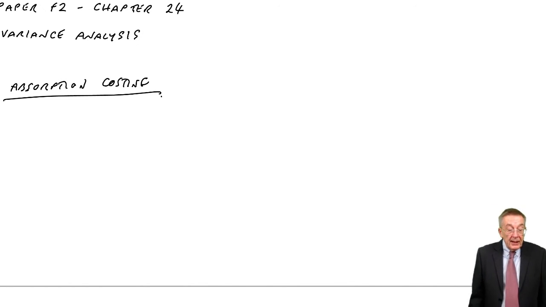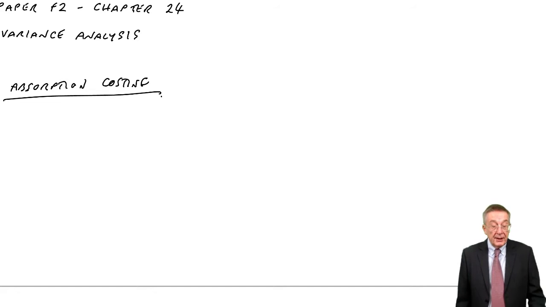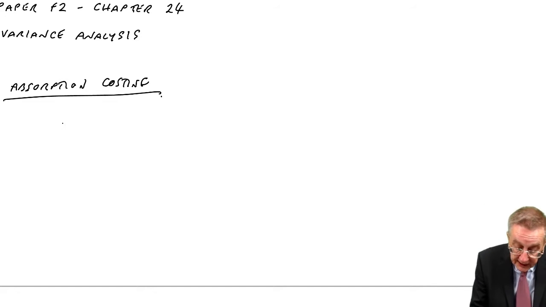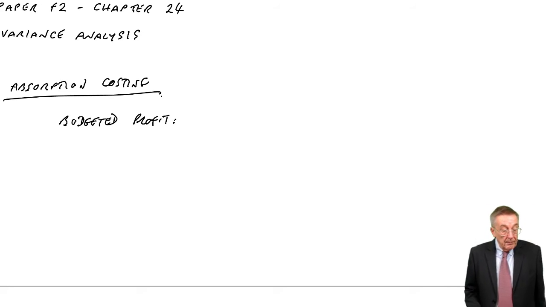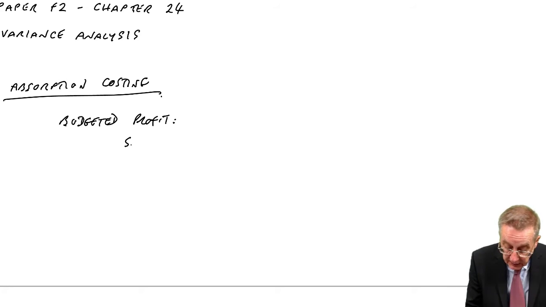And secondly, let's just write down quickly how much profit they're budgeting on. Surely the budgeted profit is what? Well, they're budgeting on sales of 8,000.